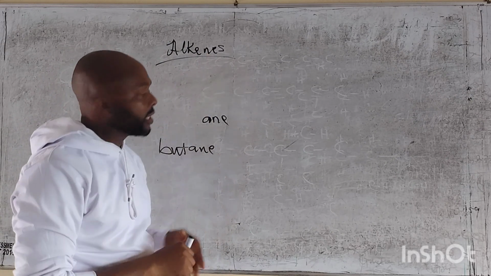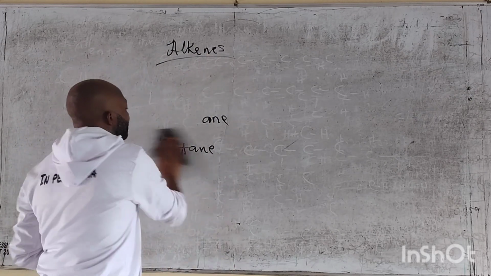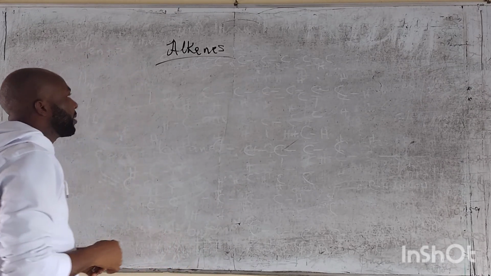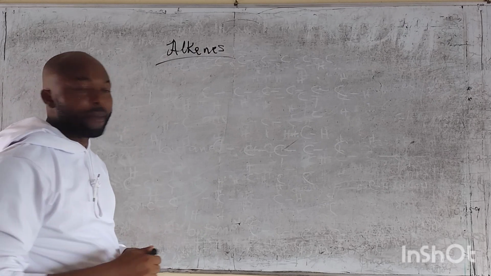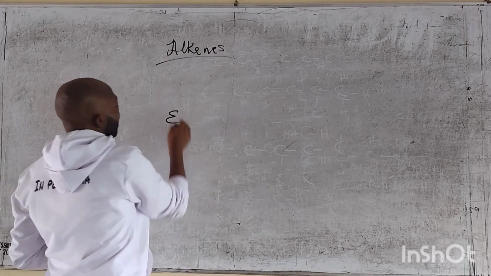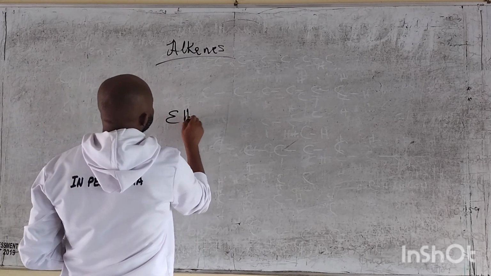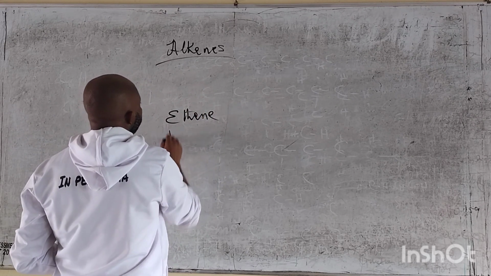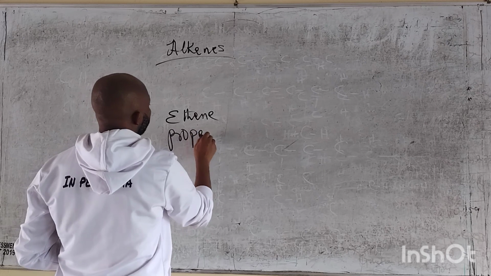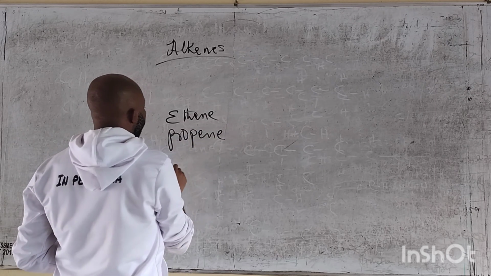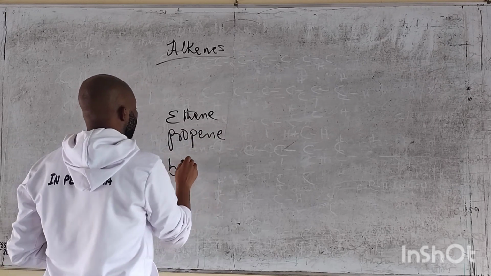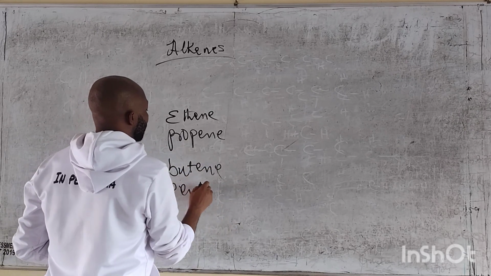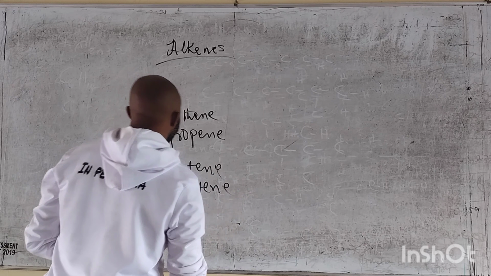We use it to replace them. So we start with the first member of the alkene family. We do not have methene. We have ethene as the first member. So I have ethene, propene, butene, pentene, and so on and so forth.